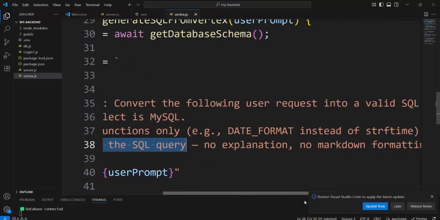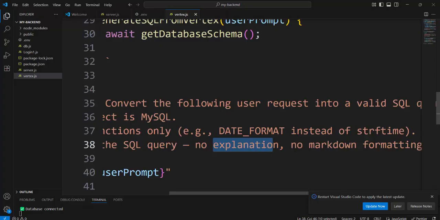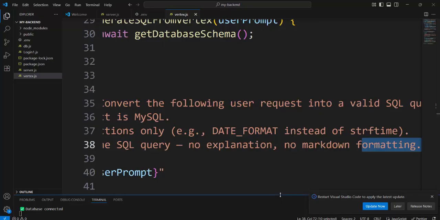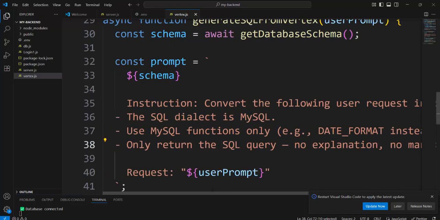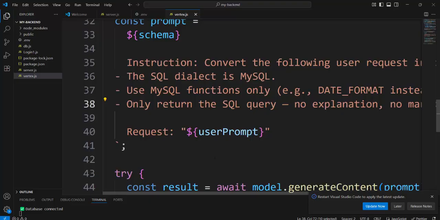No explanation, no markdown, no formatting, because our server needs the SQL to send it to the database. The database doesn't need explanation and formatting. And here is the request: the original prompt, and this is the new prompt.